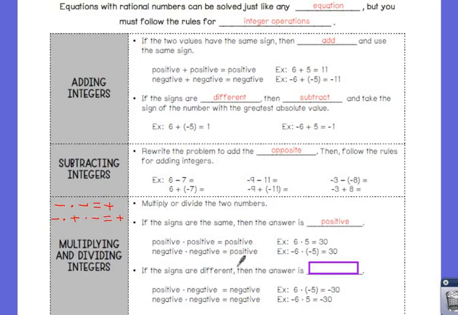If signs are different, then the answer is negative. I have a little typo here on the bottom line. This negative, I can't even draw straight here. That negative's supposed to say positive. So you need to fix your paper too. So a positive times a negative is going to give you a negative. A negative times a positive is going to give you a negative.